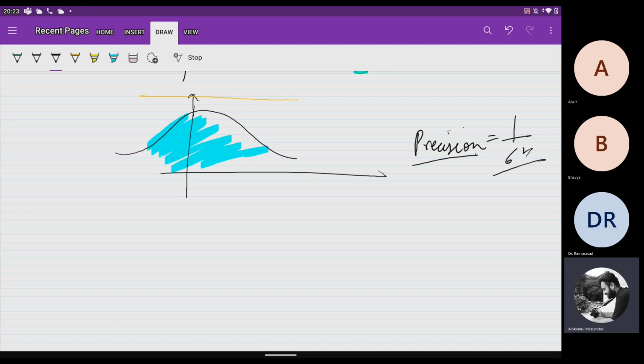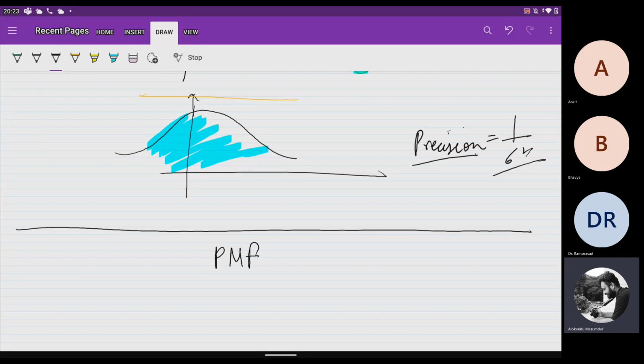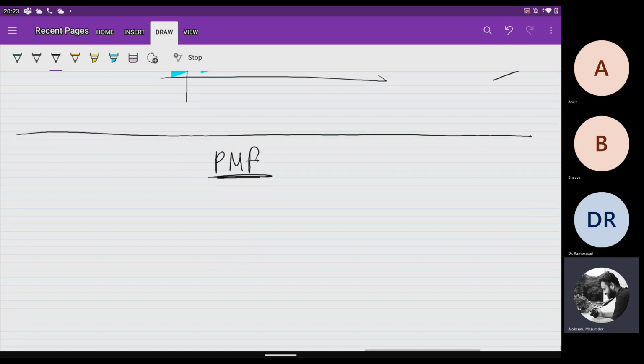So probability mass functions. They are not actually as hard, but probability mass functions can be confusing at times. So I have defined something earlier. Probability mass functions are defined only for discrete random variables, right? So here is an example of discrete random variables.